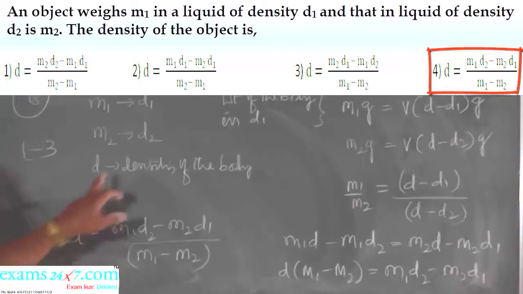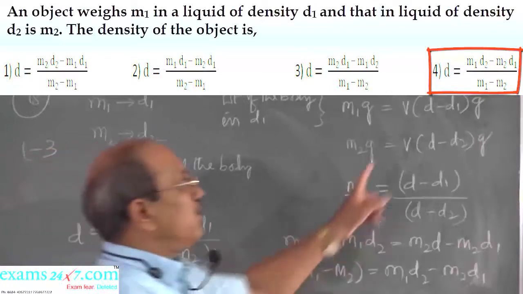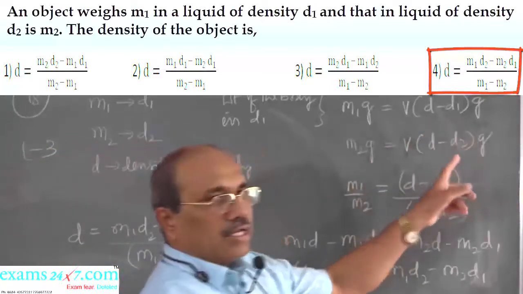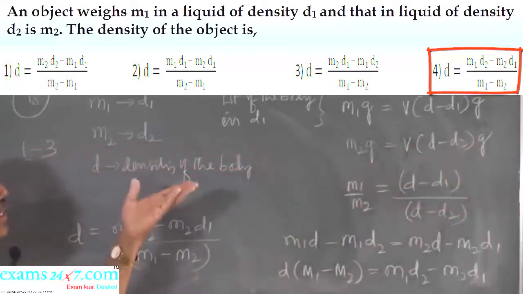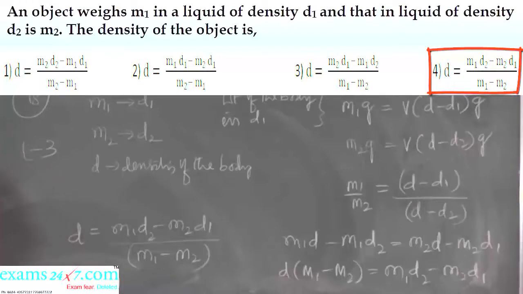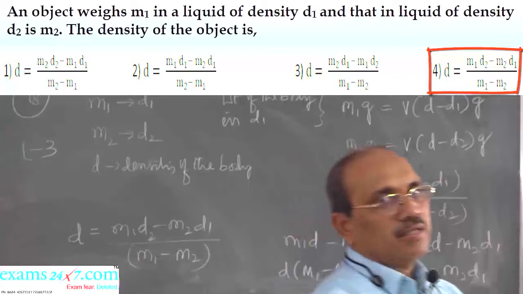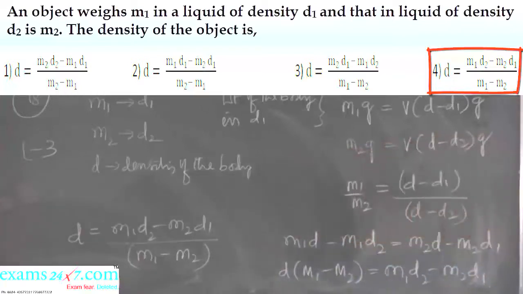Here the body is taken into different liquids of densities d1 and d2. Again, we can equate the weight of the body in air like that also. Weight in air equals apparent loss of weight in liquid 1 and liquid 2.